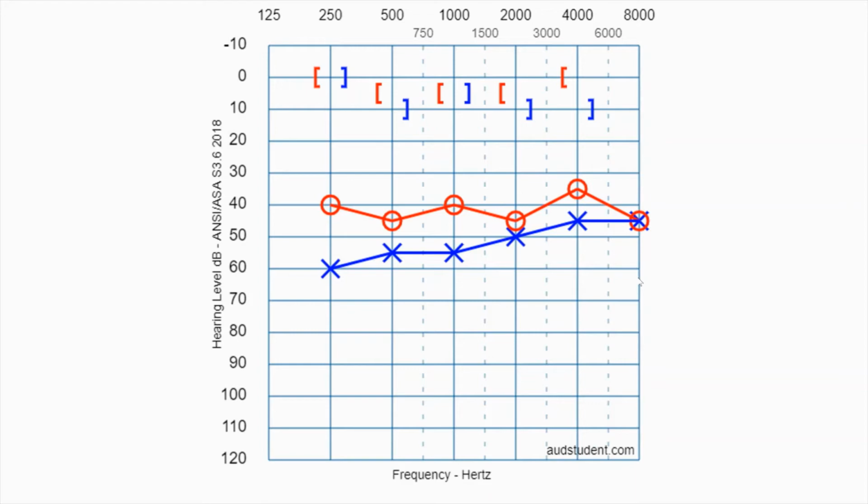And since our thresholds look similar to each other, meaning that there's no 10, 15, 20 decibel difference between either of our thresholds in each ear, we can safely say that it's symmetrical. So that's bilateral, symmetrical.